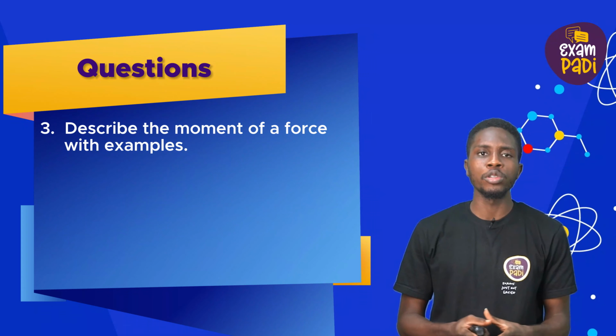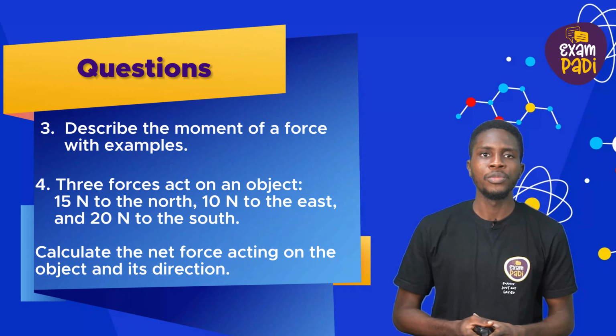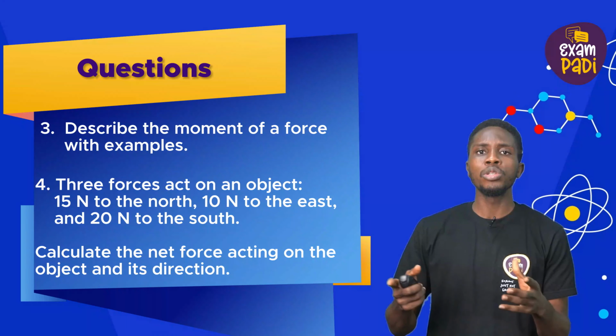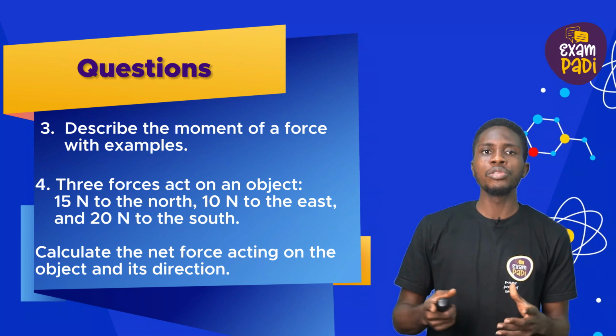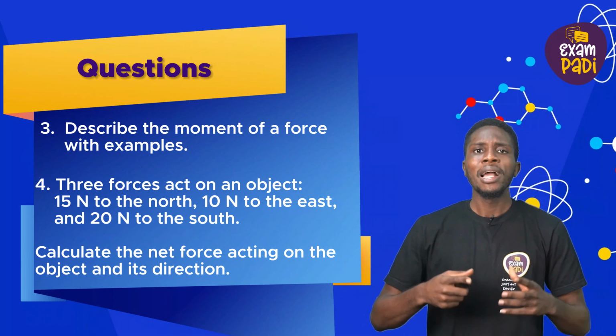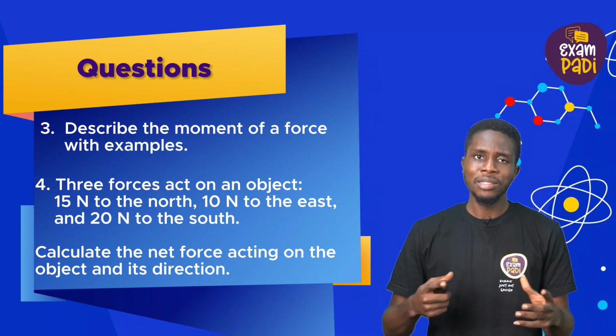Describe the moment of a force with examples. 4. Three forces act on an object: 15 Newton to the north, 10 Newton to the east, and 20 Newton to the south. Calculate the net force acting on the object and its direction.